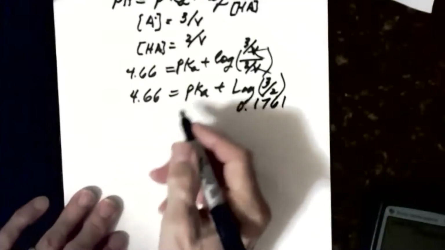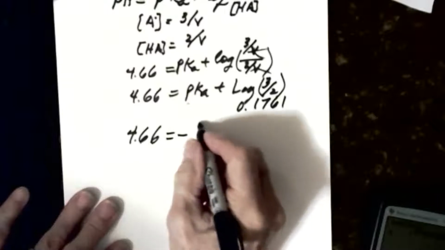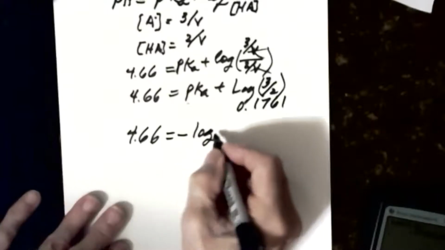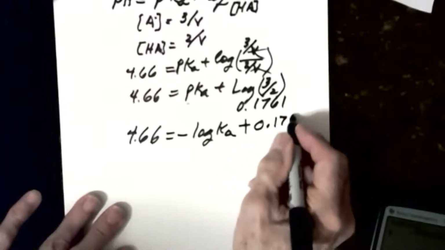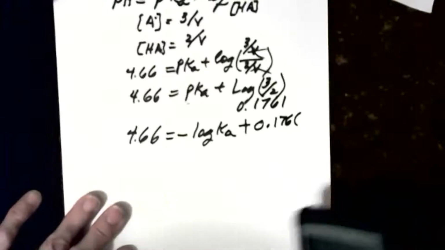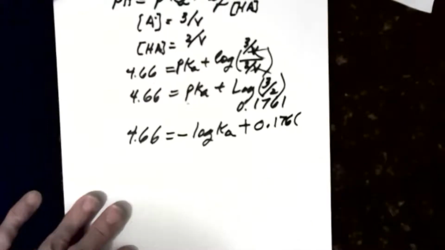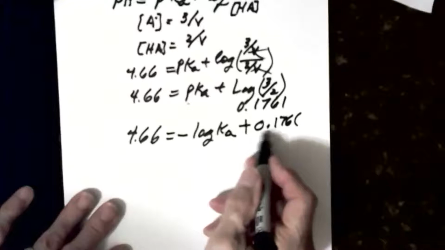Now, let's continue to solve for this. So 4.66 is equal to minus the log of Ka, that's what pKa is, plus 0.1761. All right. Now, I'll subtract 0.1761 from both sides.